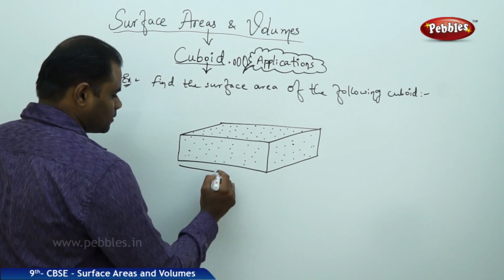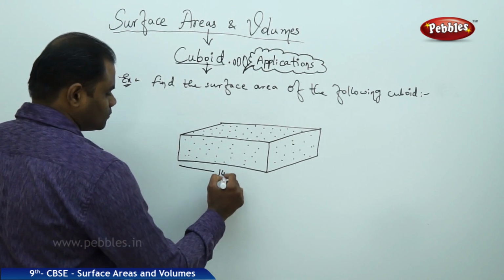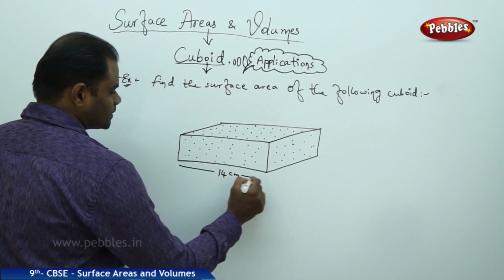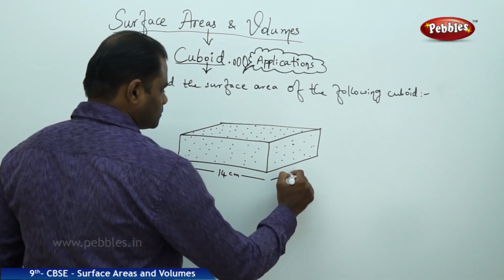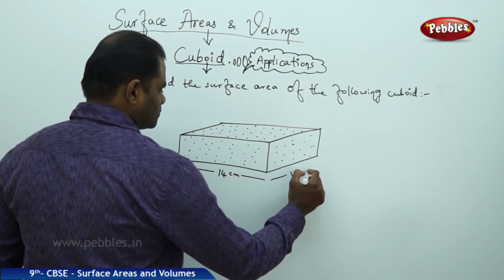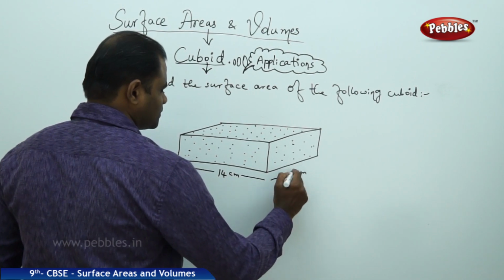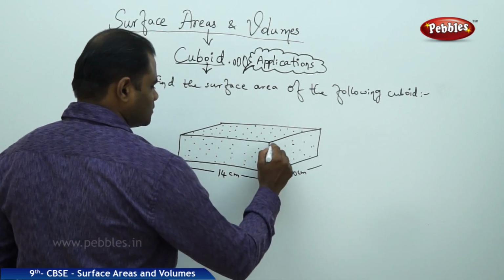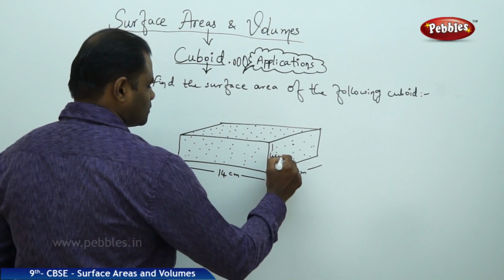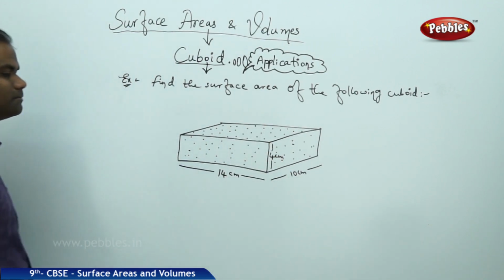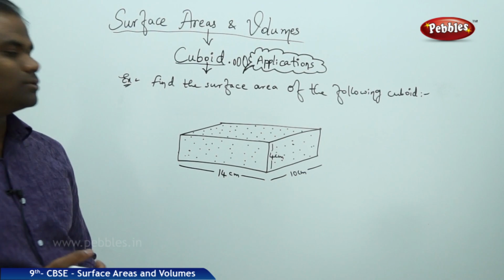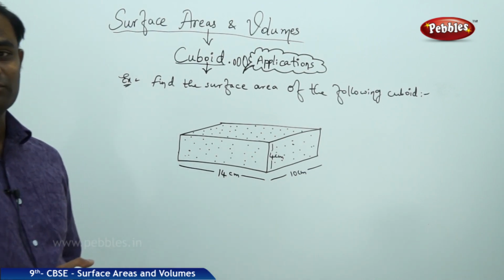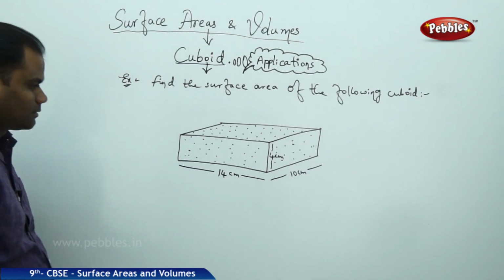The dimensions out here are given to be 14 centimeter, 10 centimeter, and 4 centimeter. So let's see how we can use the surface area formula to find this.